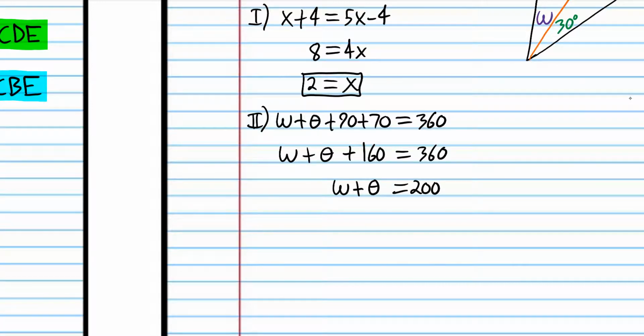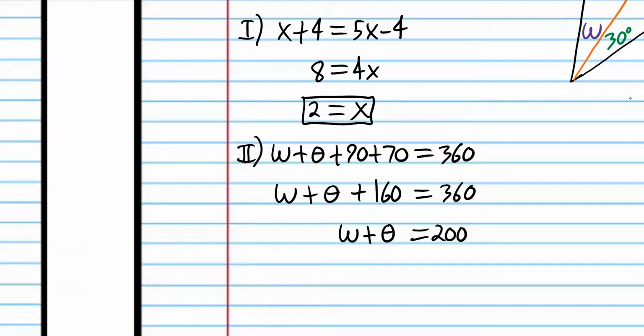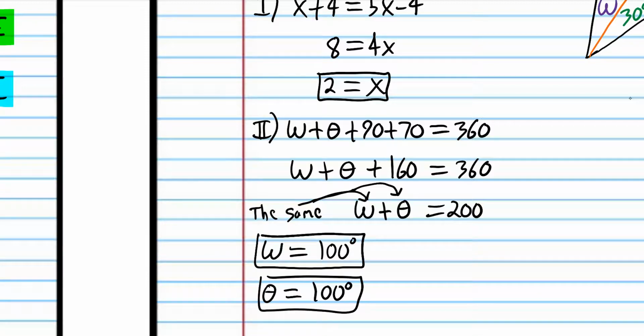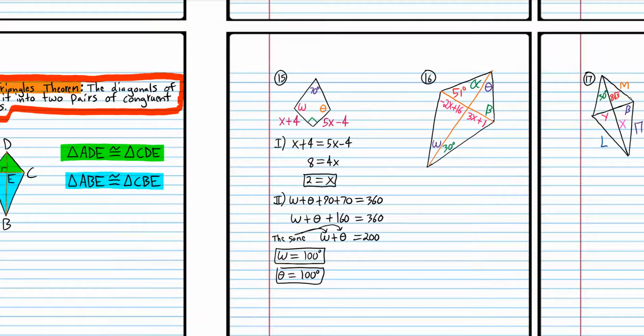But omega and theta are the same. I just want to make sure that you see that. So that means that you just divide by 2 and you get 100 degrees, and theta is 100 degrees. So if you got those answers, good job.